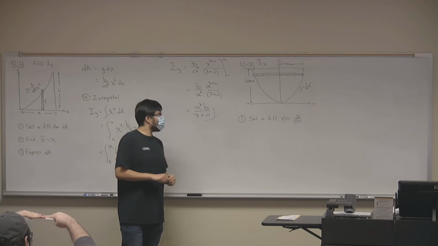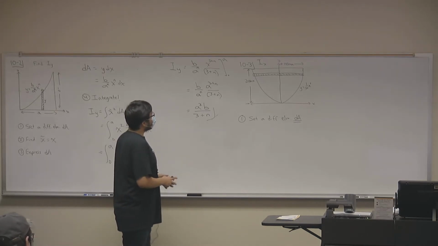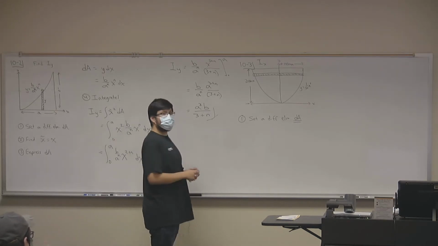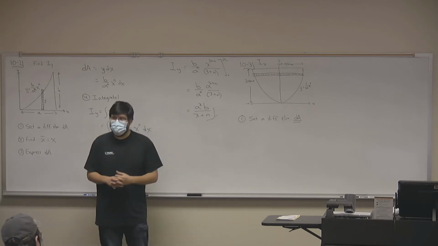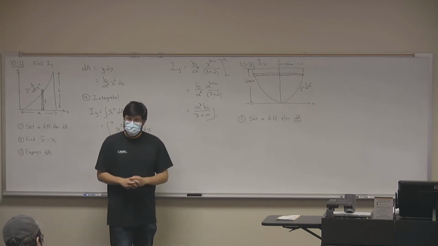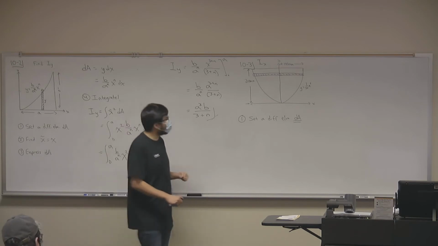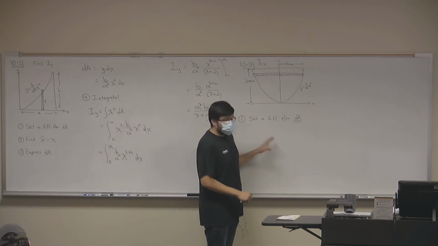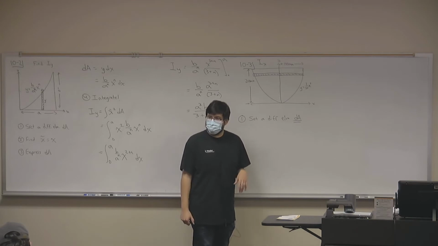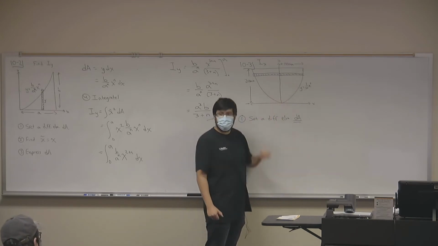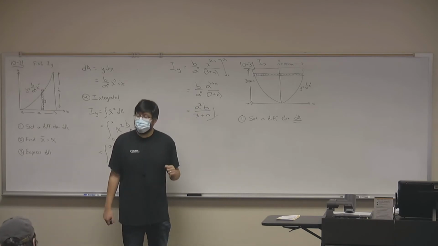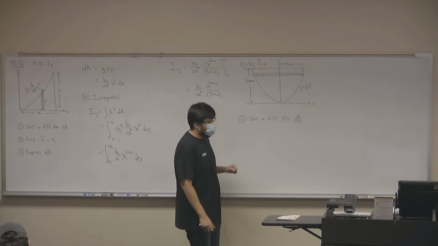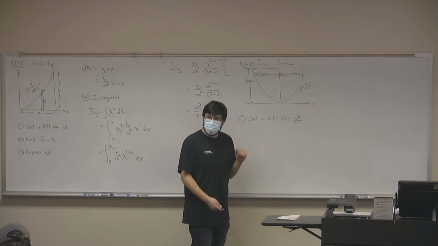But finding for Ix, it will be the same, but solving for Iy, it is not symmetrical in that dimension. I like it. I like what you said. Let's see if that's true. Okay? So let's solve it the way we normally solve it, and then let's see if that's actually equal to twice the moment of inertia of only half. I think it will be, I agree with Noah. But don't take my word for it. Let's do it ourselves. Okay?